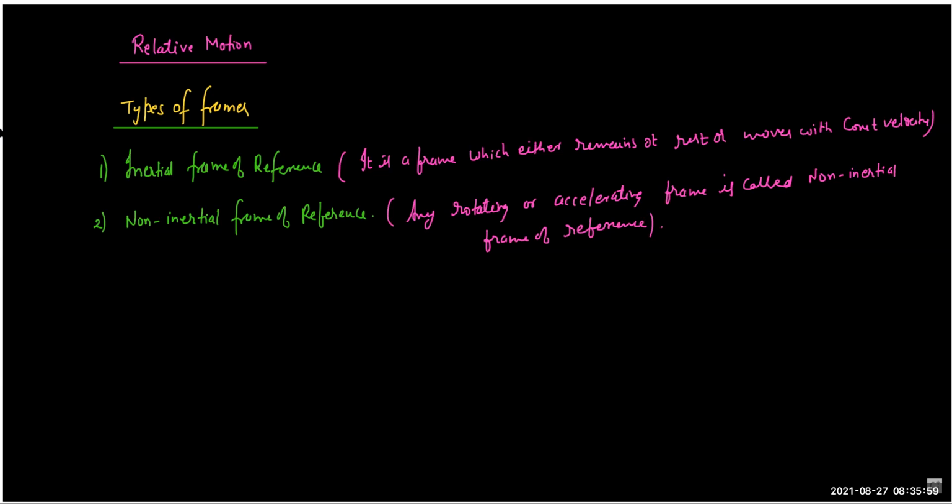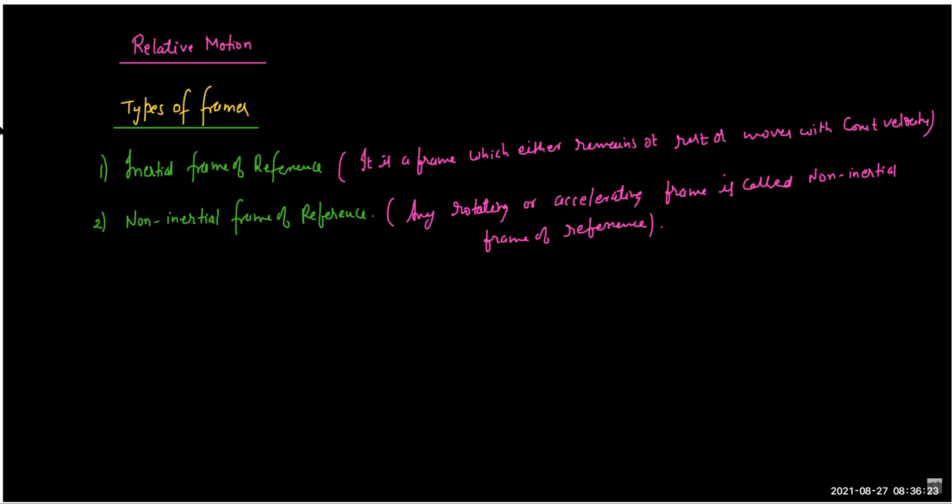So if you are in a frame which is accelerating, we call it a non-inertial frame of reference. So these are very technical terms like inertial frame of reference, non-inertial, but it's really easy to understand. What you need to realize is which frame you are in while trying to observe the event.